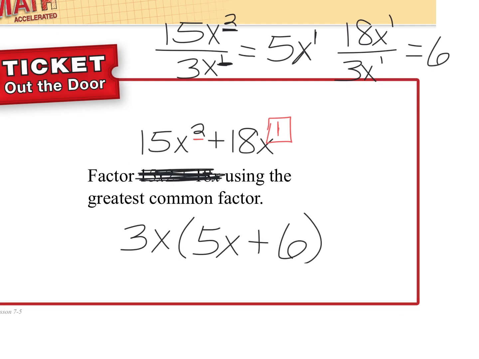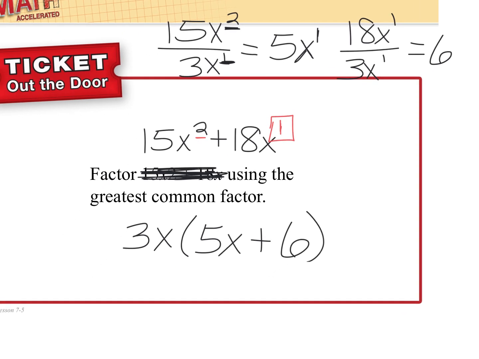Let me explain another way to think about the x's that might help. Focus on the 15x squared first. We have how many x's to start? We have 2 x's to start. We're taking 1 away. So how many should we have left? 1. 18x had 1 x to start.